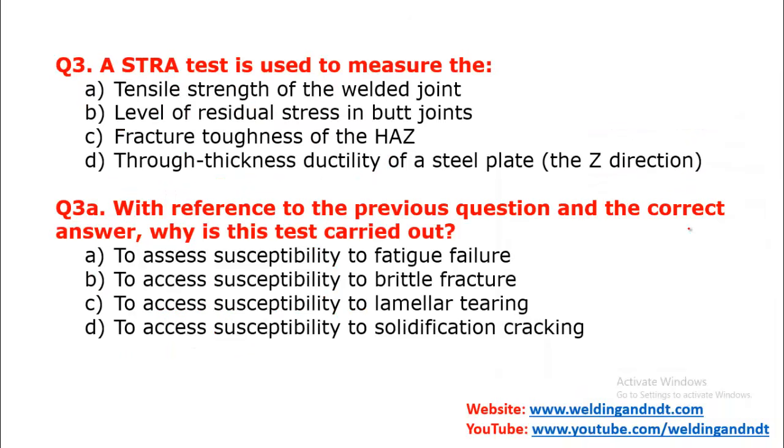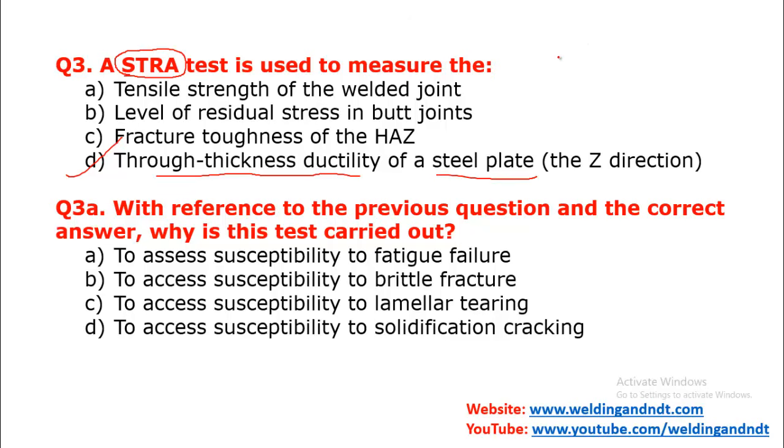Now, question number 3. STRA is used to measure the... STRA is a test, and I have explained this test in my CC 3.1 video lecture series. So, the STRA test is basically used to check the through thickness ductility of steel plate.